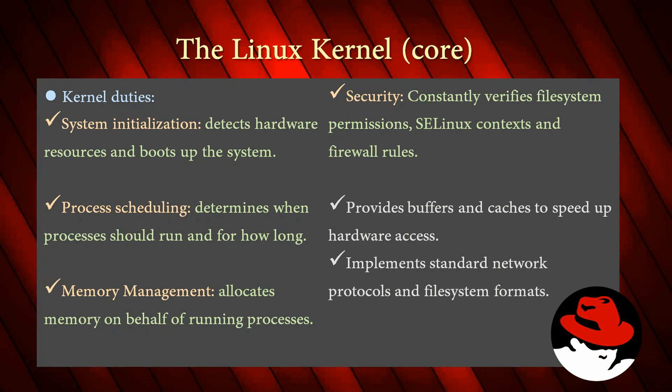It performs system initialization, process scheduling, memory management, and security, from SELinux to firewall rules and everything. It provides a buffer and cache to speed up hardware access, and implements standard network protocols and file system formats that are defined by you or your system utilities. The Linux kernel is the core.